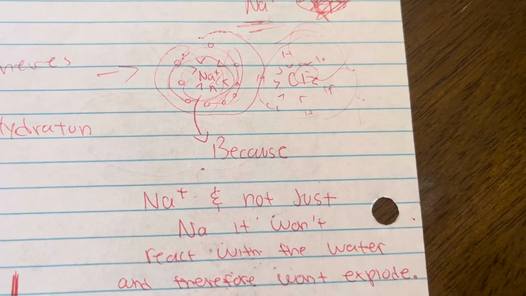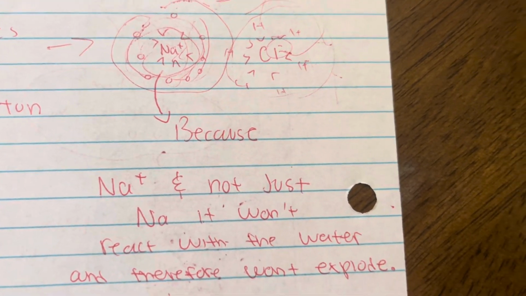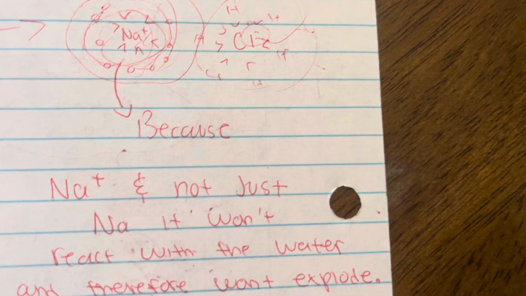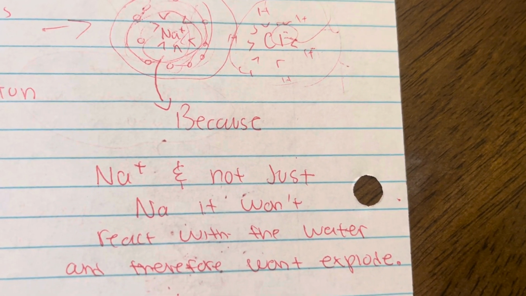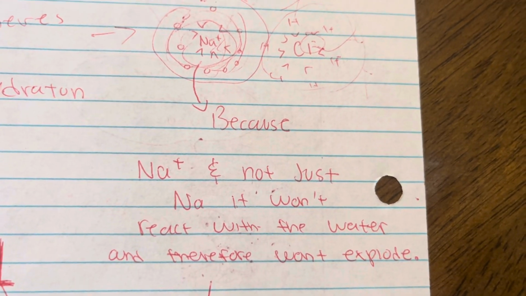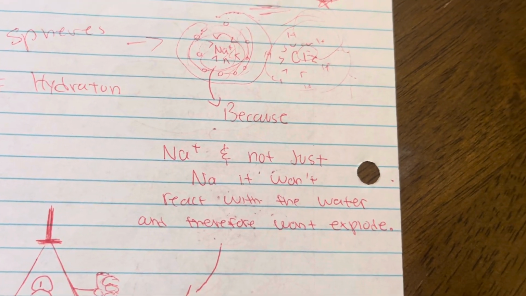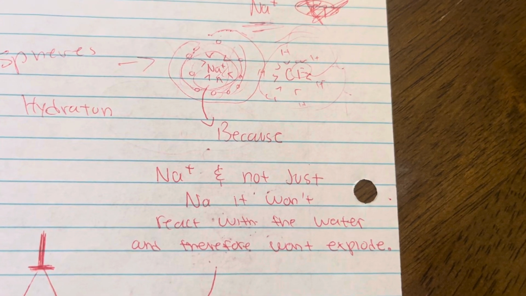So, because it's a sodium ion and not just sodium, it won't react with the water because remember the full octets, and therefore it won't explode like normal sodium would. So, this is why your salt isn't supposed to explode in water.